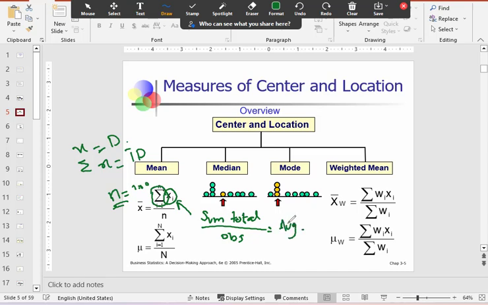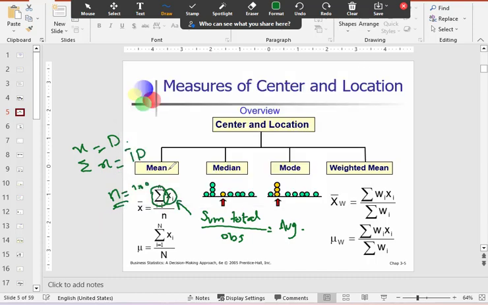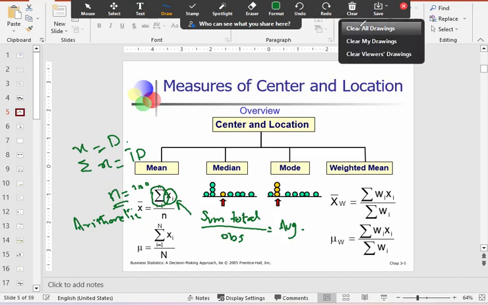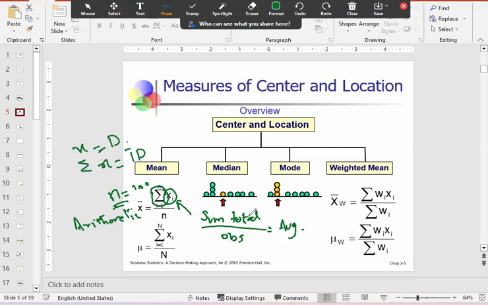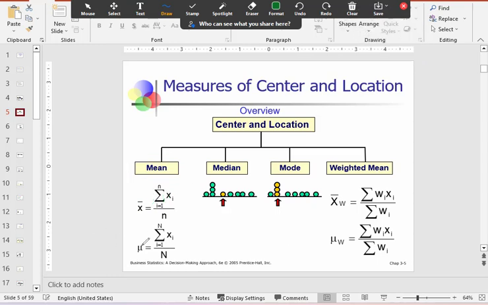The method that we use is called mean, or in books the other word that is used is arithmetic mean. So this is the method used to calculate sum total divided by observations, and we'll see that later on. There are two types of formulas shown here.